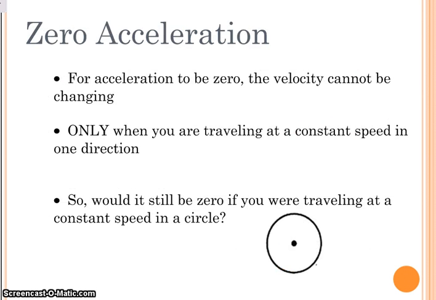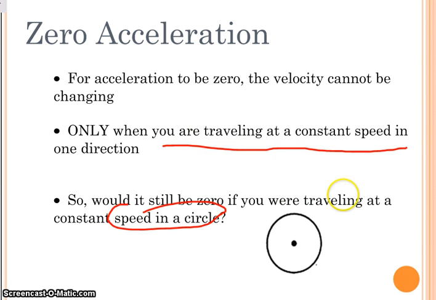Zero acceleration. For acceleration to be zero, we can think of this a couple of different ways. You're traveling at a constant speed. In other words, if your speed isn't changing, you have no acceleration whatsoever. If you're traveling at a constant speed in a circle, would your acceleration be zero? And the answer is what, guys? Think about it for a second. Keep thinking.